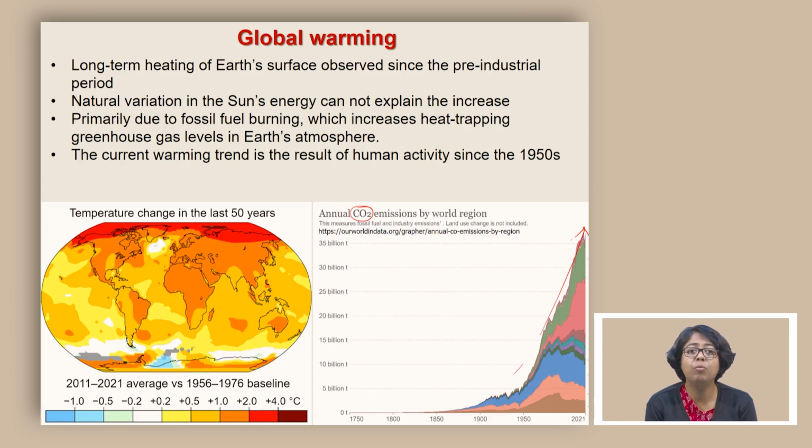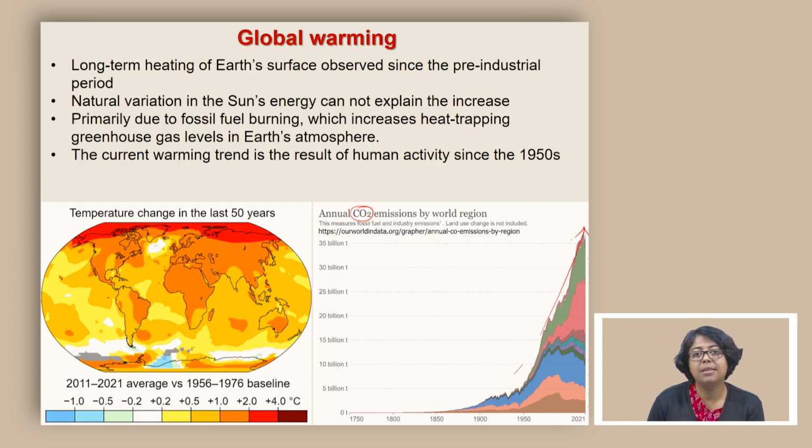And this current warming trend is a result of human activity since 1950. Probably the contribution since industrial revolution finally led to these changes, but the most drastic and steadiest change in global warming is observed after 1950 till today.